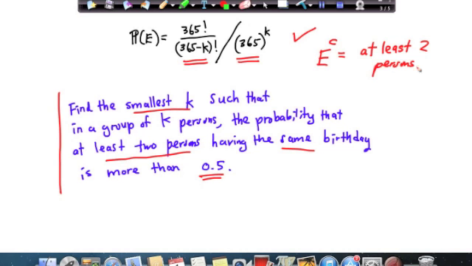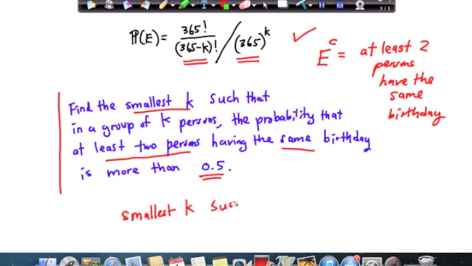We always have a group of k persons, so k is fixed. Therefore, the question becomes finding the smallest k such that the probability of E complement is strictly more than 0.5.